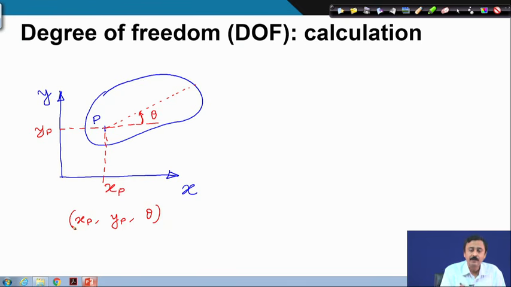Therefore, a rigid body in a plane has 3 degrees of freedom. If you specify these 3 variables or coordinates as we call them, if you specify these 3, then the body gets immobilized, its configuration is fixed.